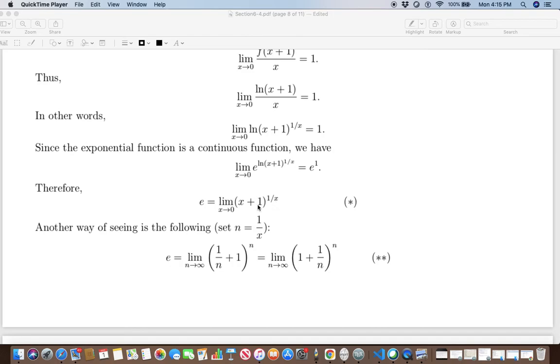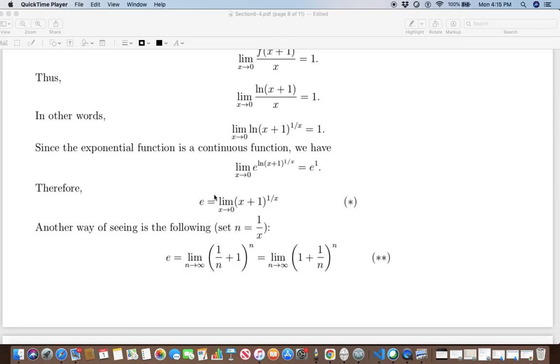Another way of seeing this is, you can set n equals 1 over x. So n could be a bunch of integers, any sequence of numbers. You see, x approaching 0 is the same as saying n approaching infinity.